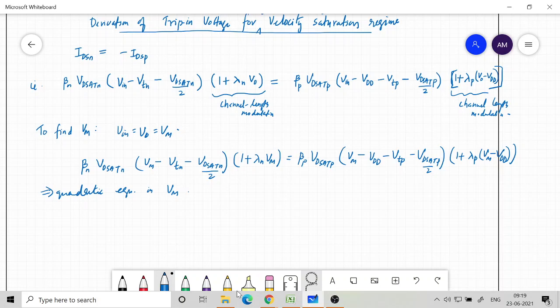So another way we can proceed is to neglect, for simplicity, to avoid mathematical complexity, channel length modulation.